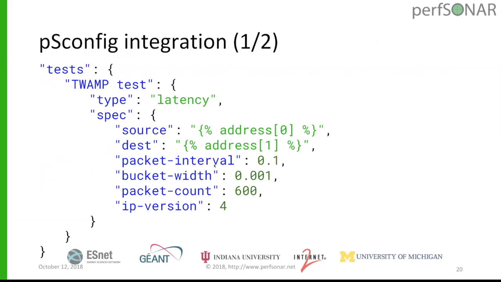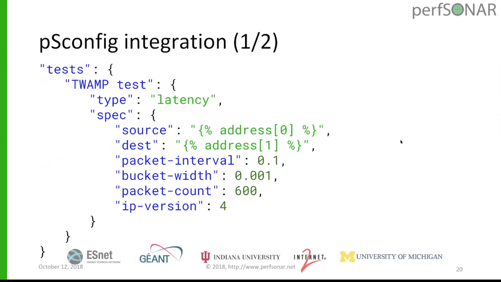So in a pSConfig template, you define the kind of test that you want to run. And here we will define a TWAMP test. This is a latency type of test as per the pScheduler nomenclature. The specification of the test needs to have at least a source address and a destination address, like most of the pScheduler perfSONAR tests that you find in pSConfig templates.